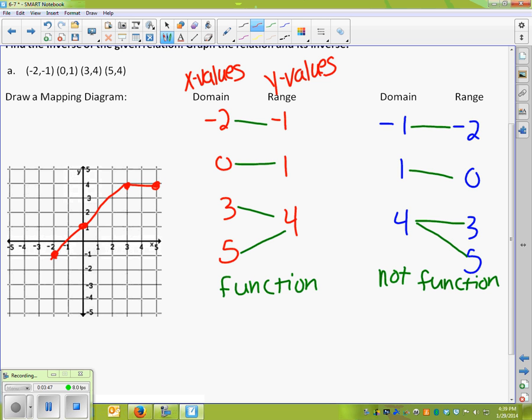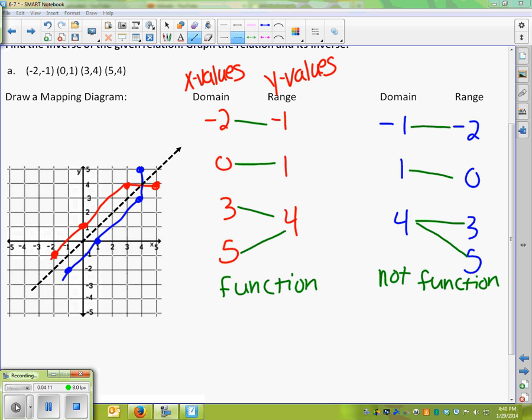Now I'll do the inverse data. (-1, -2). Now x is 1 and y is 0. x is 4 and y is 3. x is 4 and y is 5. There's my repeated x. That's what makes this not a function.